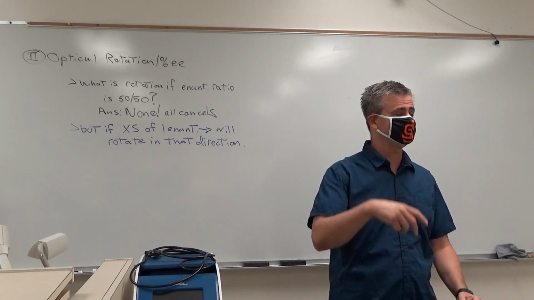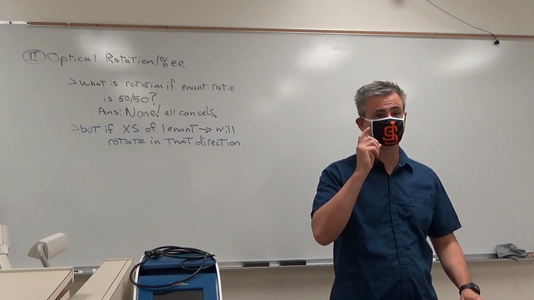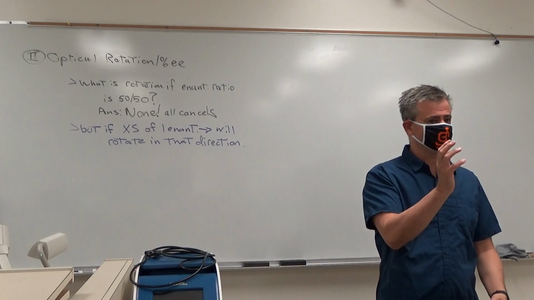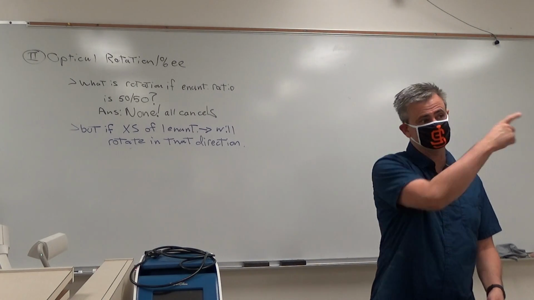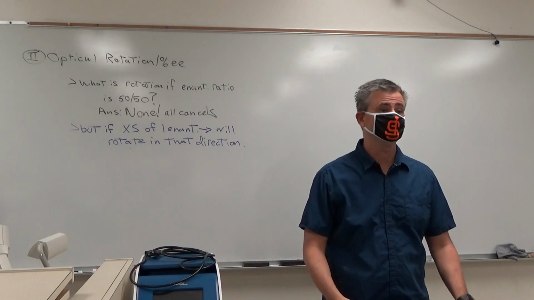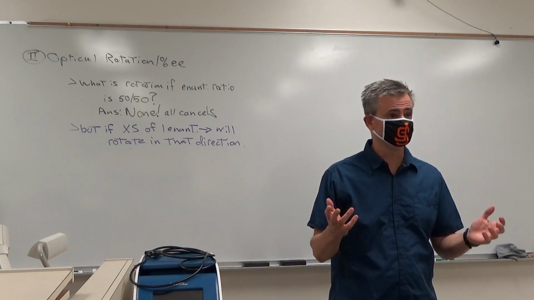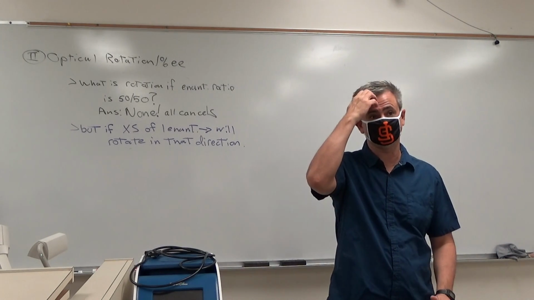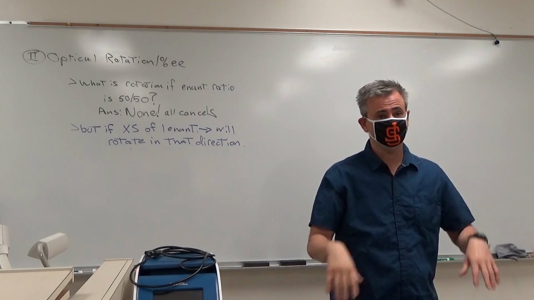Your solution could be pure, but if you make a solution that's 10% the concentration that the literature value used, your rotation will be less. You may come to a wrong conclusion, but it's just because they made theirs more concentrated than you made yours. So you've got to control for that.